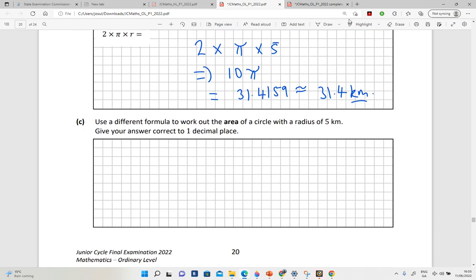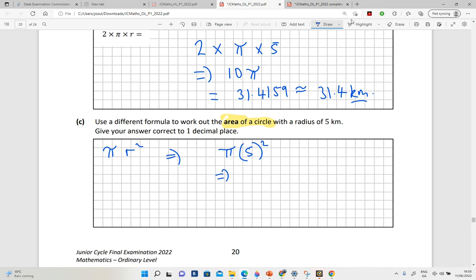Now use a different formula. They're not telling you the formula, but the formula, of course, is in the log tables for the area of a circle. So you can find that in the log tables. That formula is pi r squared. The r is 5 again, so we're still talking about the same circle.